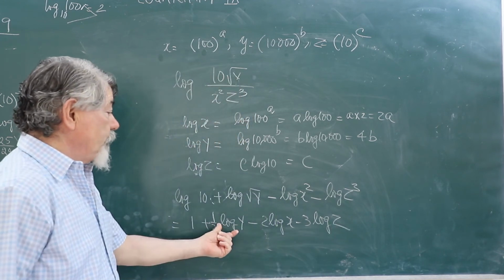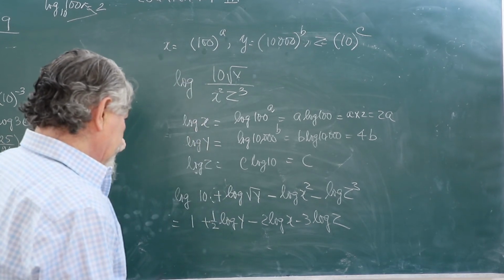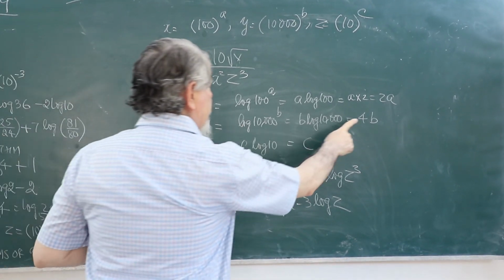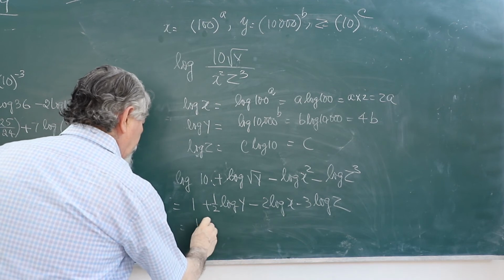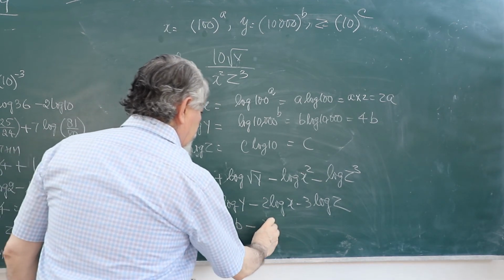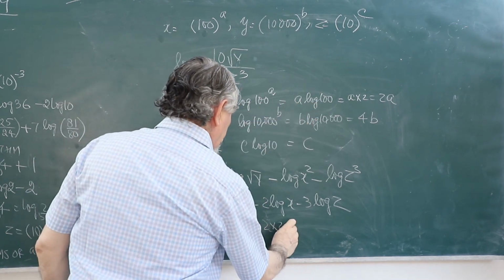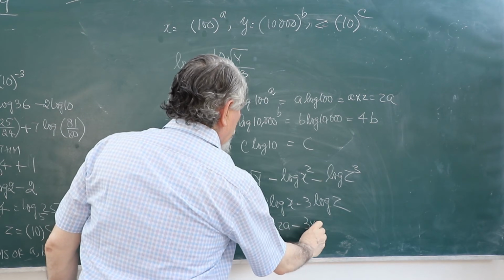We know the value of log y, log x, and log z. Log y is 4b. So 1 plus 1 upon 2 into 4b minus 2 into log x. Log x is 2a, minus 3 log z.